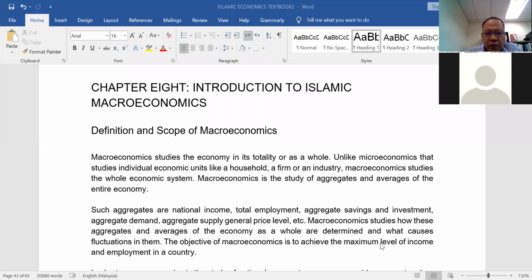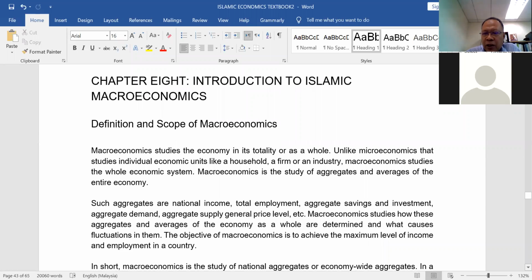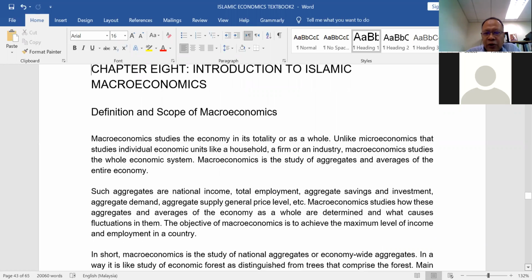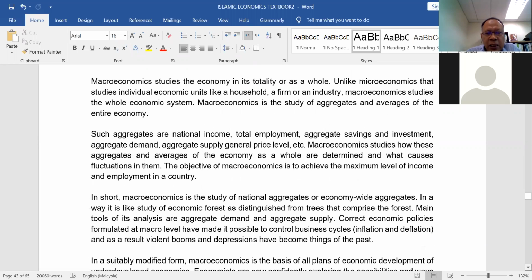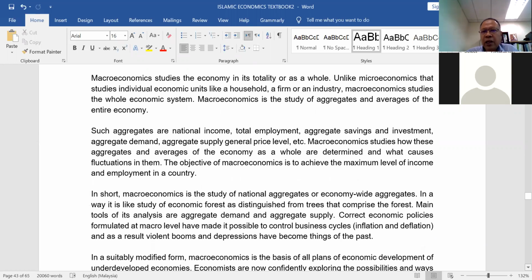The objective of macroeconomics is to achieve the maximum level of income and to achieve the full employment in the country. In short, macroeconomics is the study of national aggregates or economy-wide aggregates. In a way, it's like study of forest.